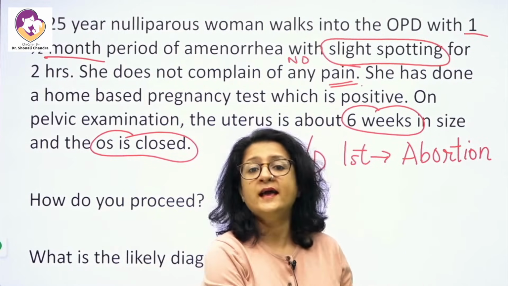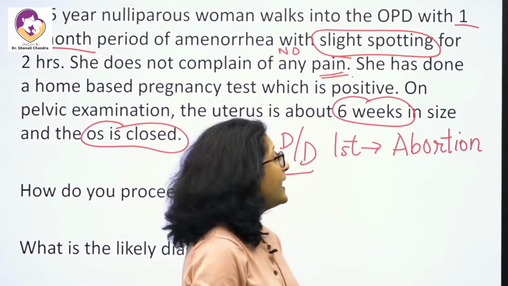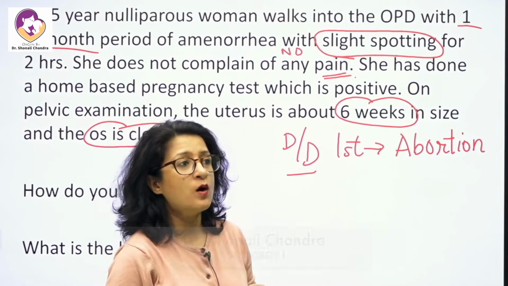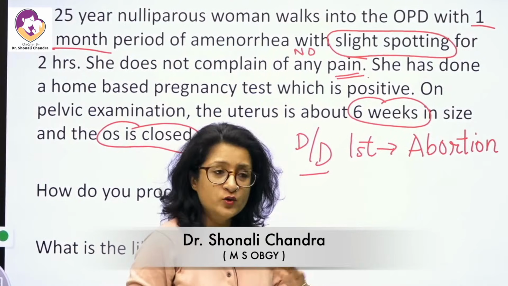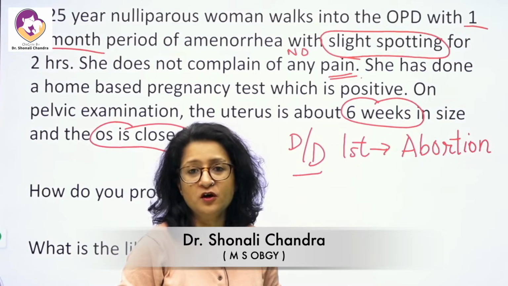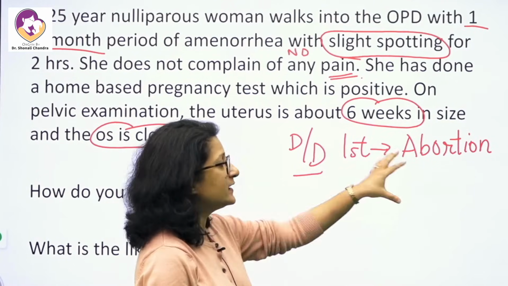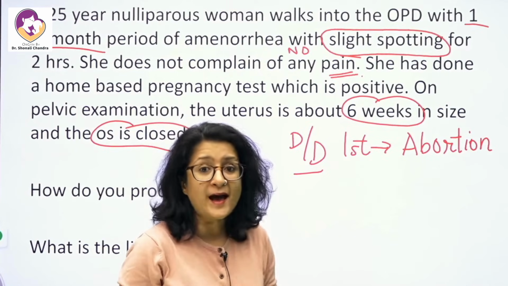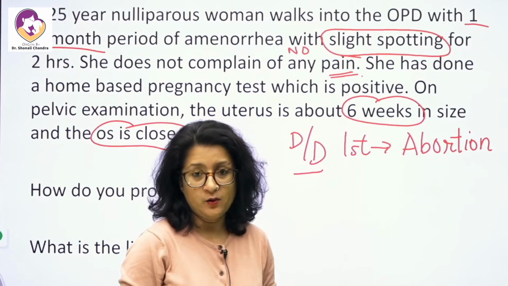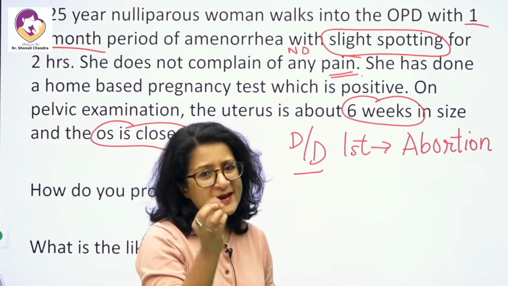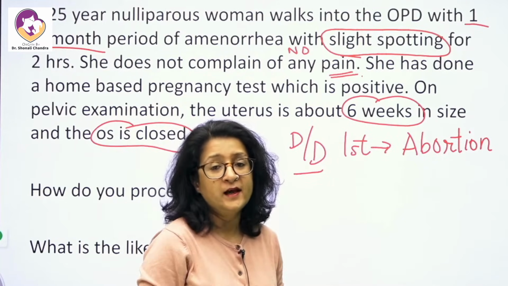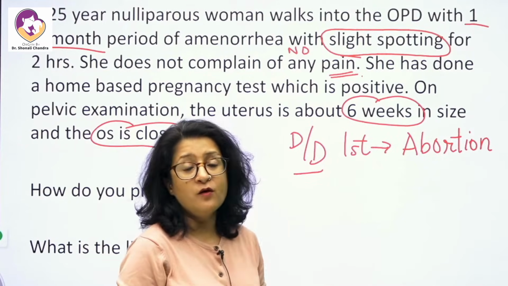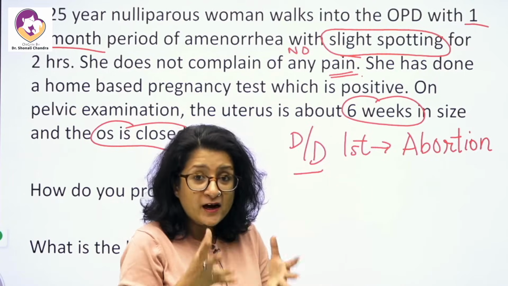What happens is the woman complains of predominantly bleeding, which is then followed by a period of pain. So more likely it fits into the description of abortion. Had there been pain as the predominant complaint, pain followed by maybe a little amount of bleeding, that would go more in favor of an ectopic pregnancy.